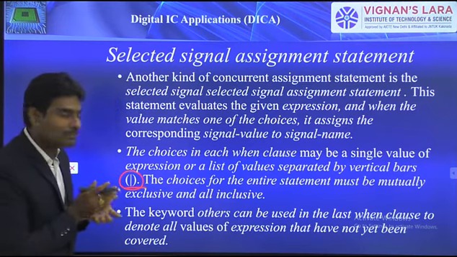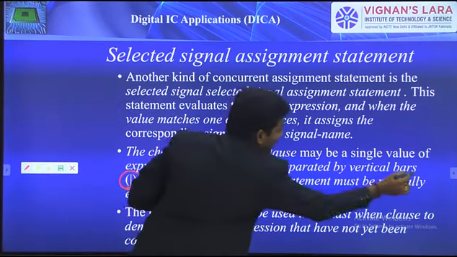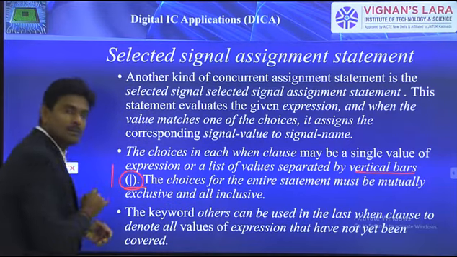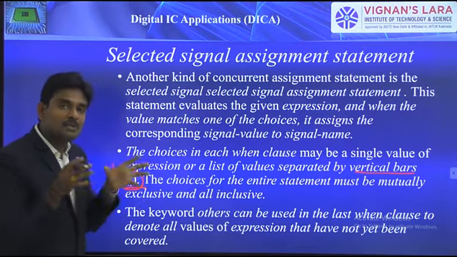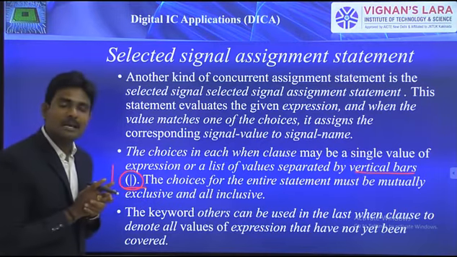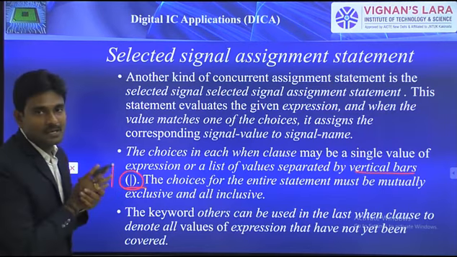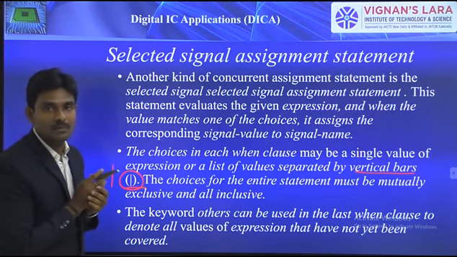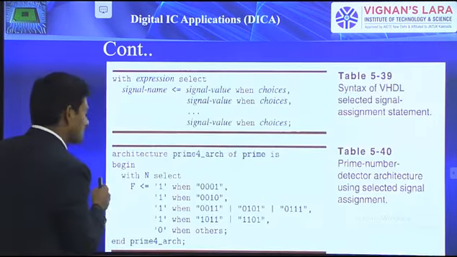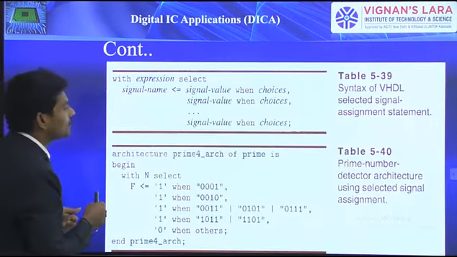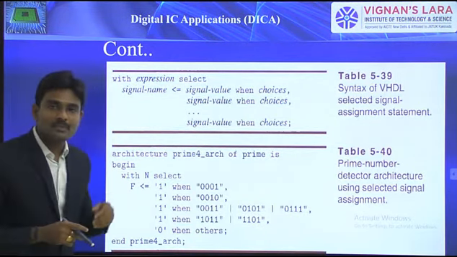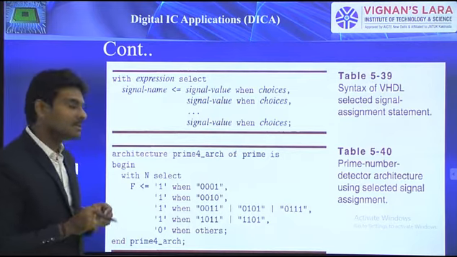All of this must be considered before mentioning choices for the given expression. Knowing all this, now we can write a program for the prime number detector using this selected signal assignment statement.